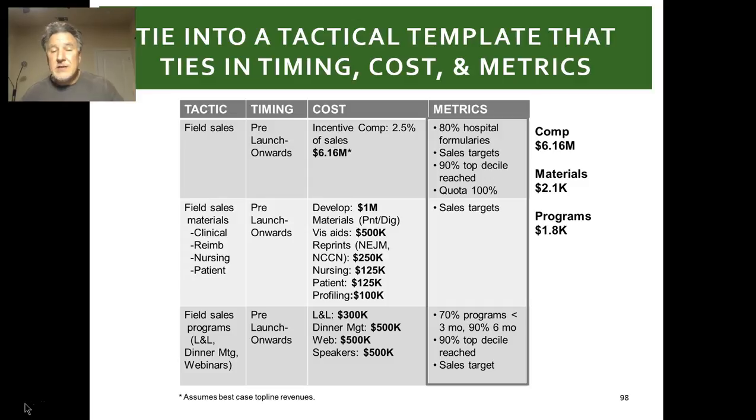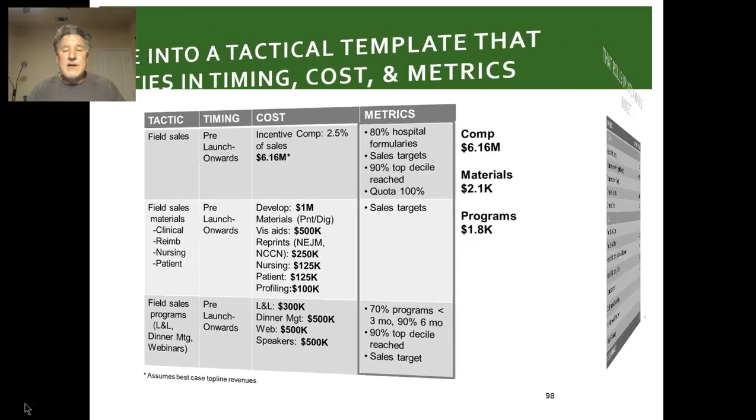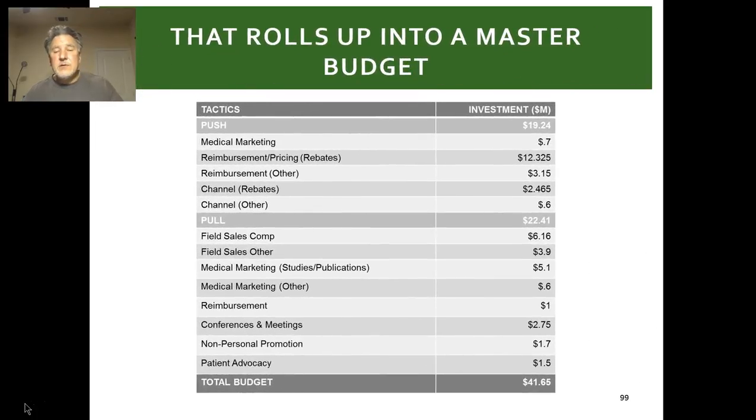What is the cost going to be? And then what are the metrics? So, how are we going to measure success? So those are some of the key components that are there relative to when you are pulling together your tactics. And then those budget items roll up into a master budget.